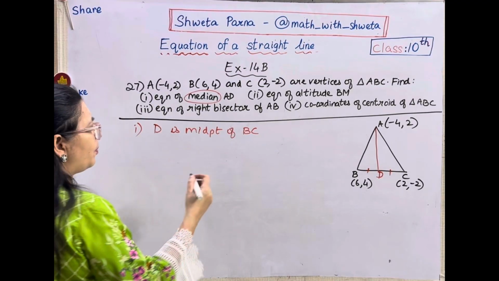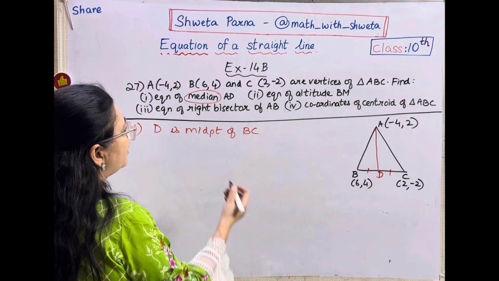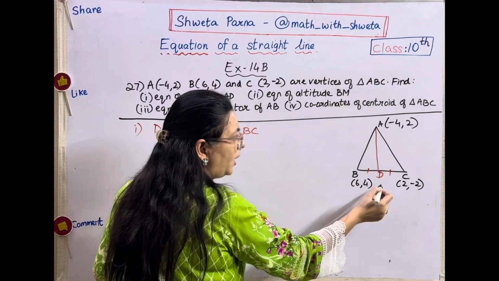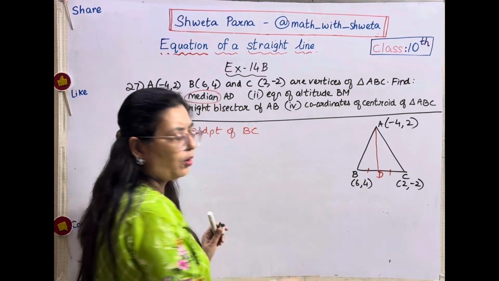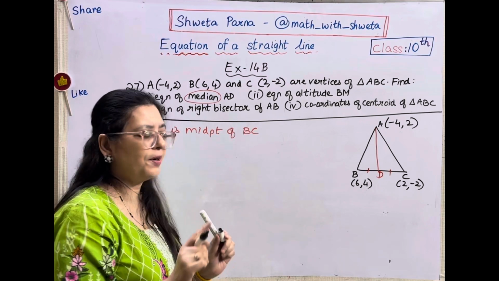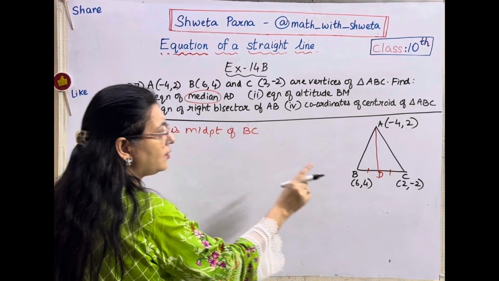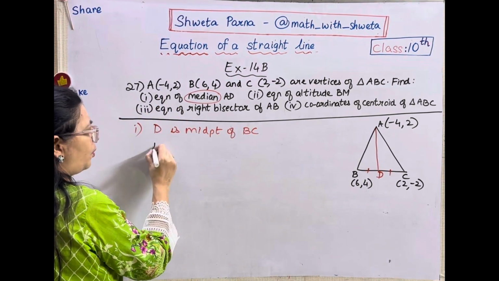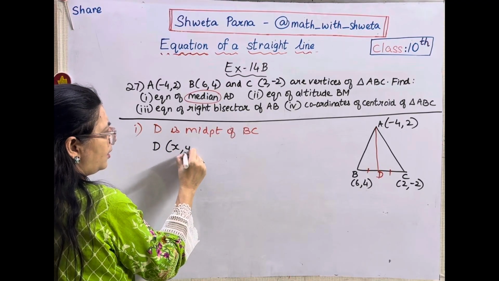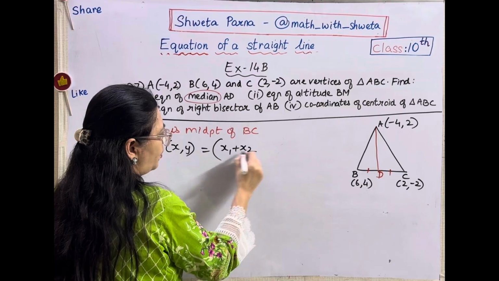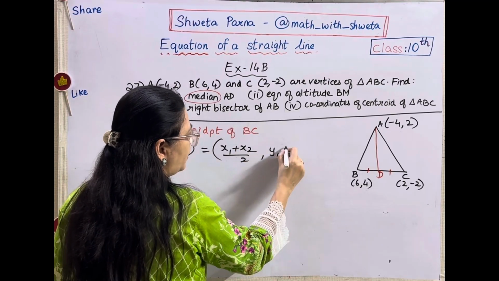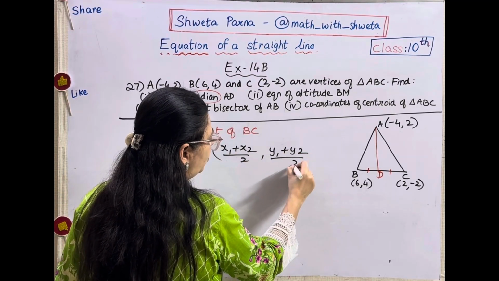Now if D is a midpoint, how will you find the equation? You know the coordinates for A, but you don't know the coordinates for D. So first you will find the coordinate for D. Since it is a midpoint, you will use the midpoint formula, which is x1 plus x2 upon 2 and y1 plus y2 upon 2.